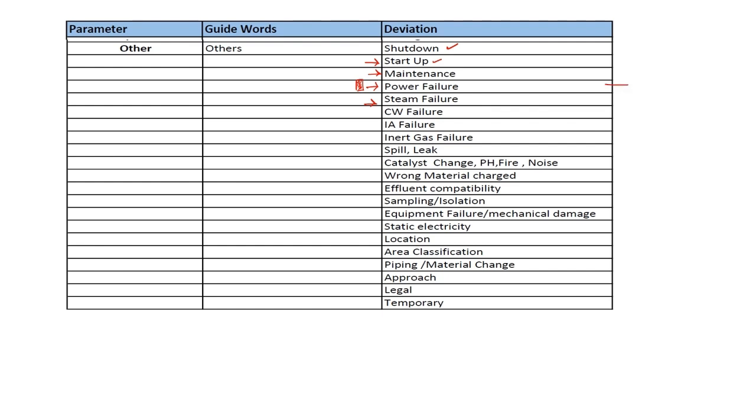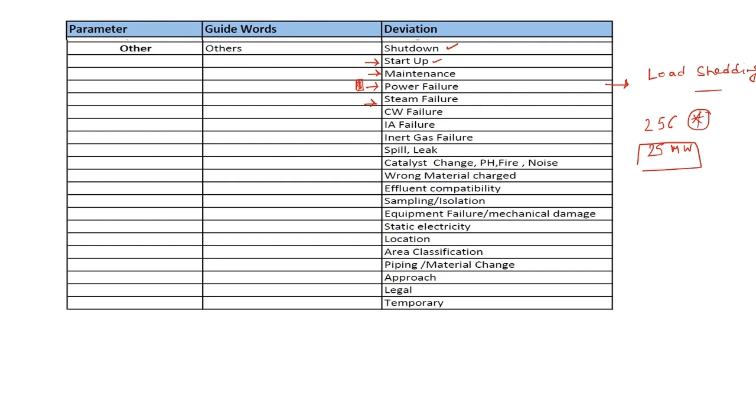So the power failure basically gives you the risk of power failure, and from here people determine the load shedding schemes, how to shed your loads, right? So suppose you have two gas turbines, one is 25 megawatt, another one is also 25 megawatt, and one of them suddenly got tripped or there are some issues.